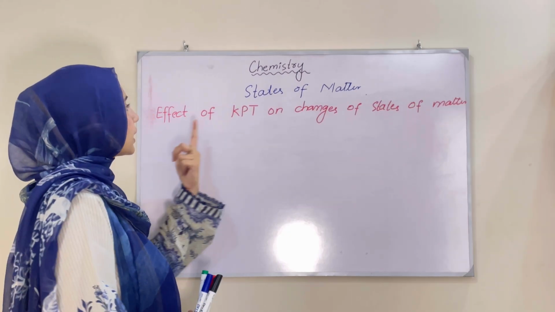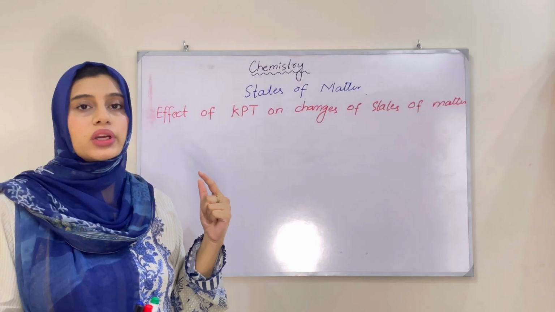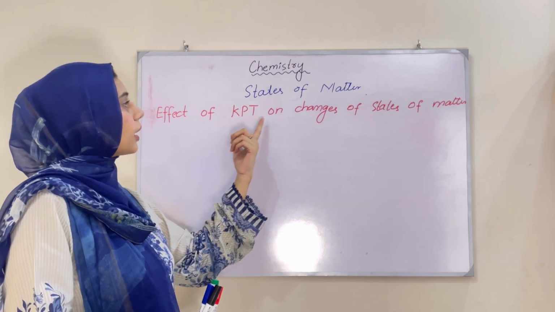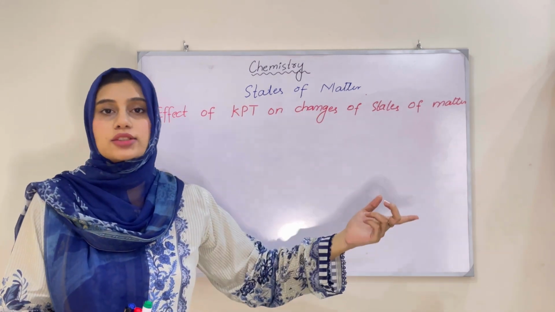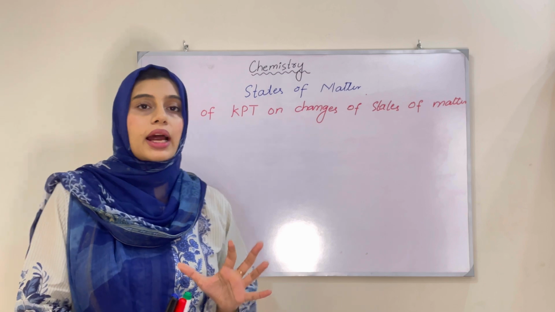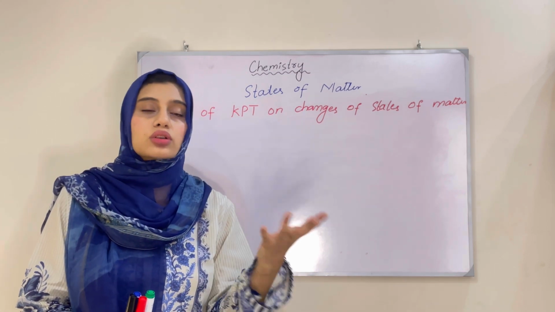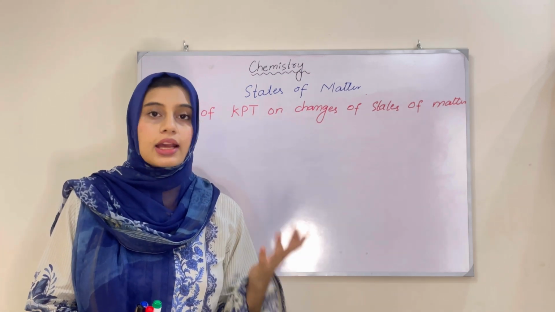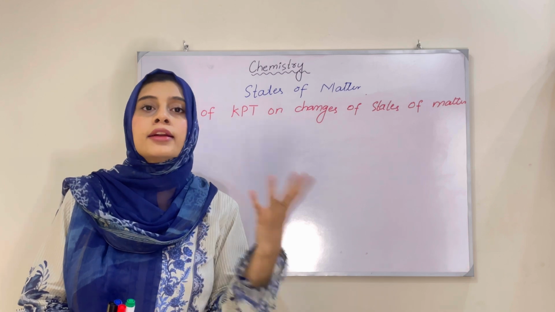So we are done with kinetic particle theory. Now we are going to study the effect of kinetic particle theory on changes of states of matter. We know three different states: solids, liquids and gases, and all these three states are interconvertible.